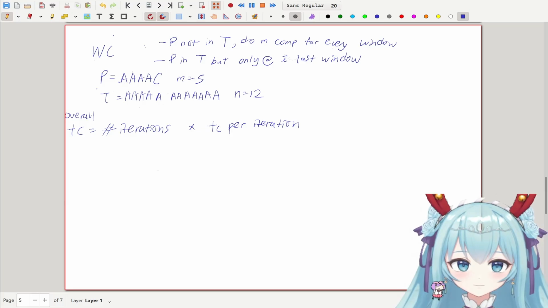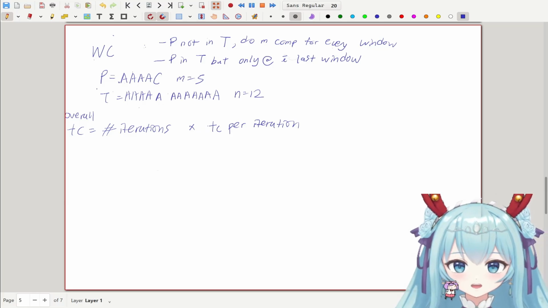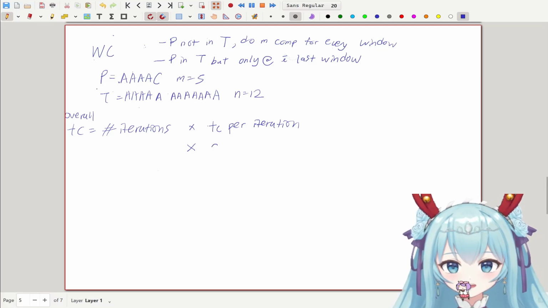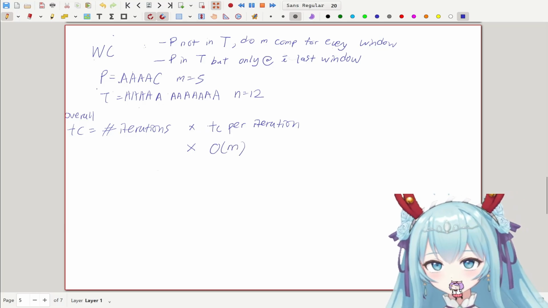In this case, we measure the time complexity per iteration in terms of the number of comparisons per iteration. So in the worst case, it will be O of M.